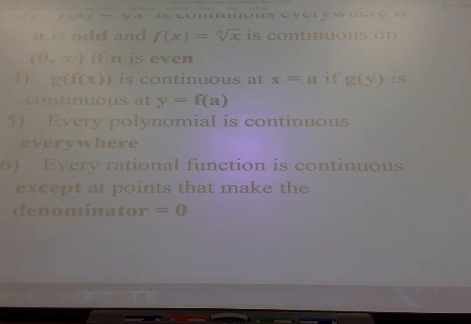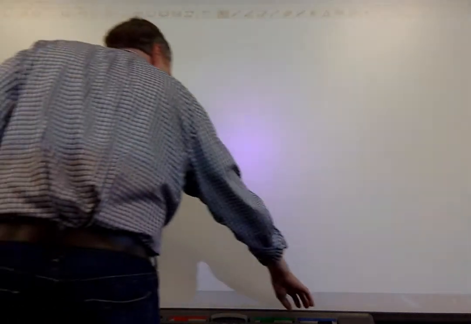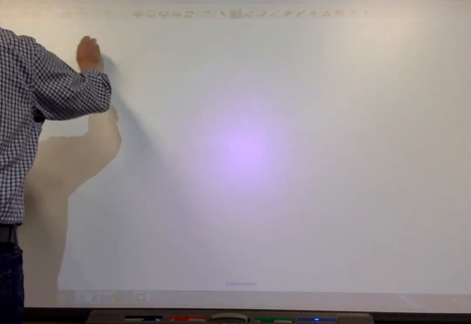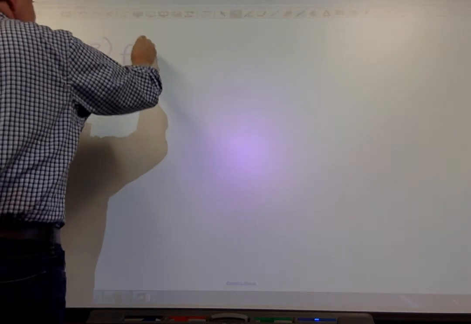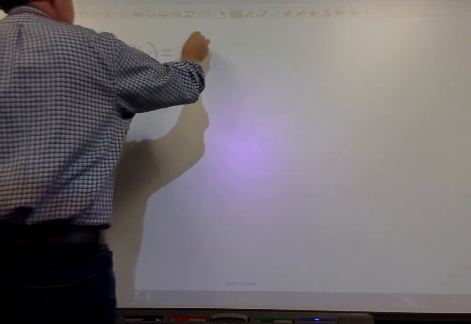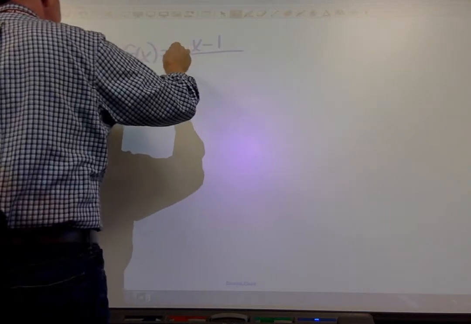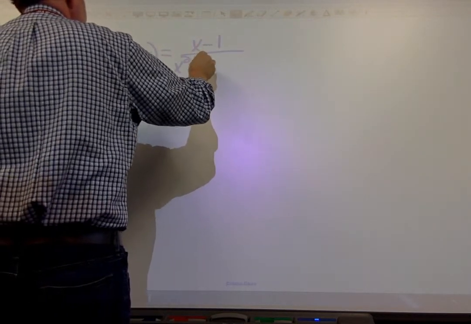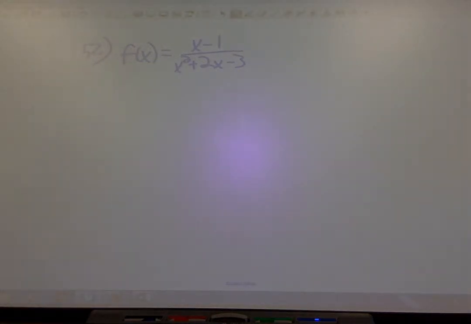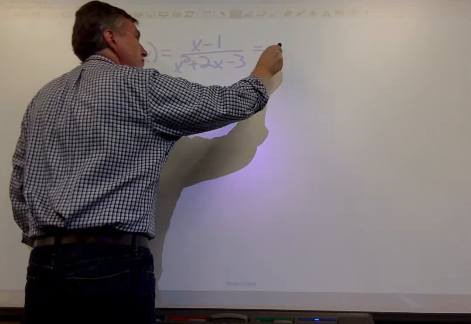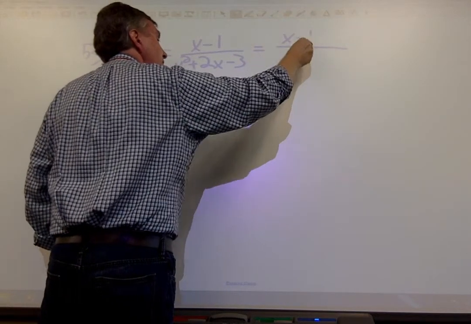Tell me about 52. Let's look at that. f of x is x minus 1 over x squared plus 2x minus 3. Could you factor the denominator?